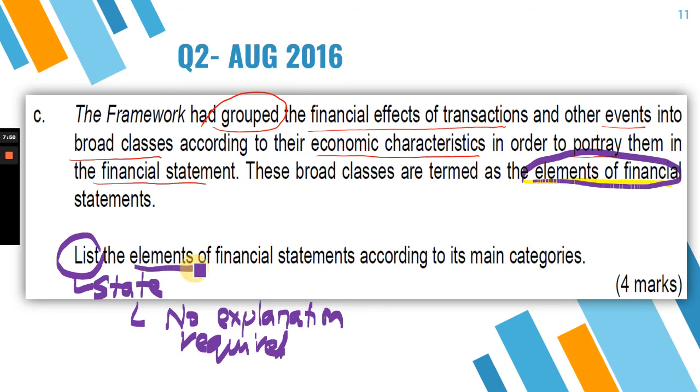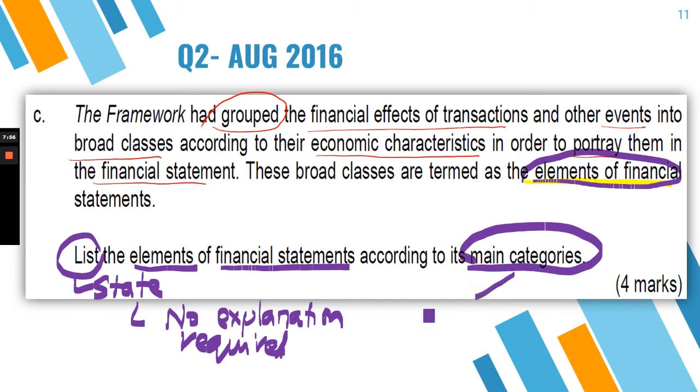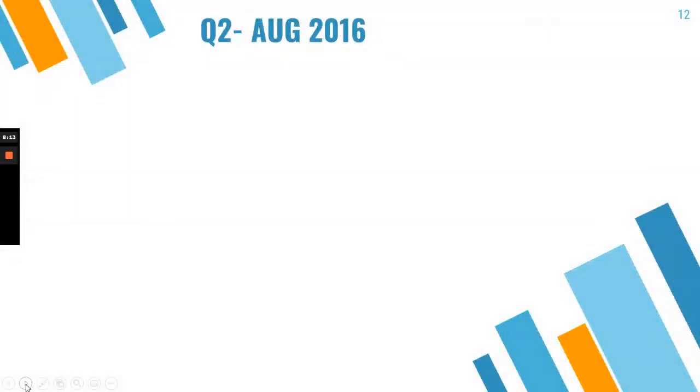List what are the elements of the financial statements according to the categories. So when we say this, you need to put them under the elements of financial position and also put them according to the elements under financial performance. Okay, let's see the answer.